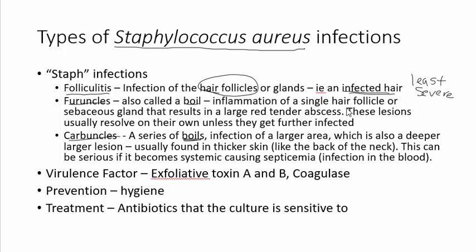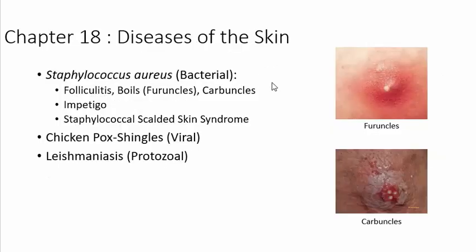In almost all of these situations, you're going to be looking at something that has a pus-filled lesion. As you saw in the previous slide, which I'll go back to now, you can see this is a furuncle, with the pus-filled lesion here.